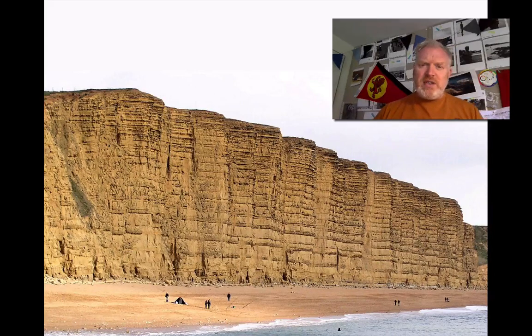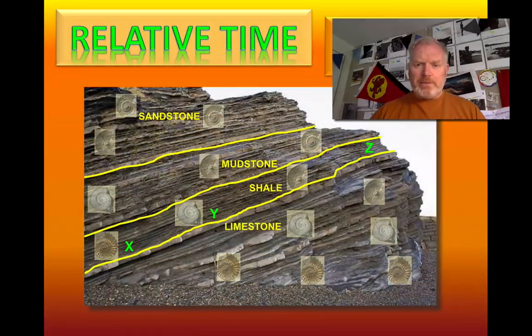And what I want to do in this lesson is try and use the ammonite fossils as zone fossils within this to tell us something about how this bed was laid down. Okay.